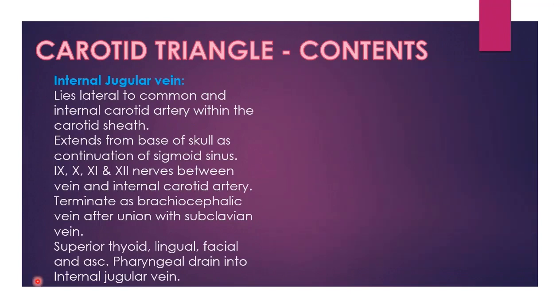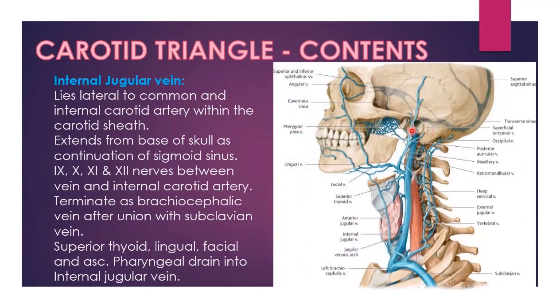Here you will be able to see the internal jugular vein coming out of the jugular foramen. Here it shows a dilatation which is called the superior bulb of the internal jugular vein. The internal jugular vein is actually a continuation of the sigmoid sinus, an intracranial dural venous sinus inside the skull, which exits through the jugular foramen as the internal jugular vein.